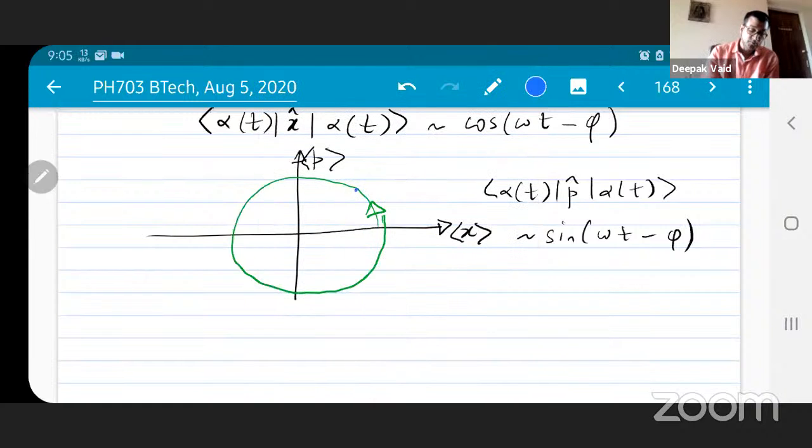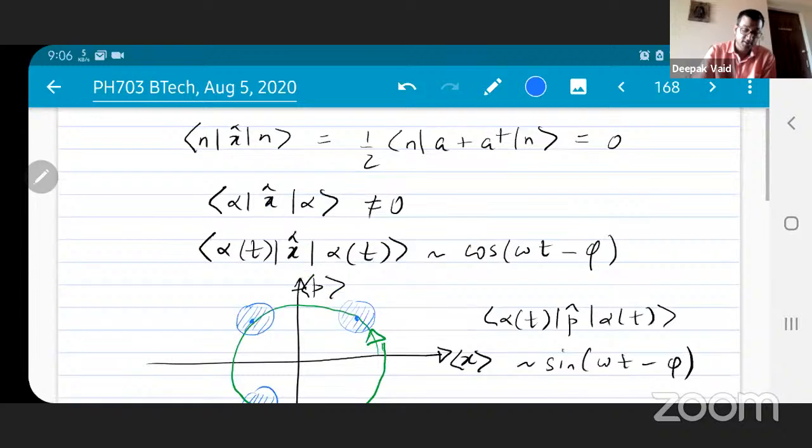The individual positions and momentums are not well defined, okay? At any given point in time, there is an uncertainty delta X and delta P, but that uncertainty is minimum. That uncertainty saturates the Heisenberg bound.